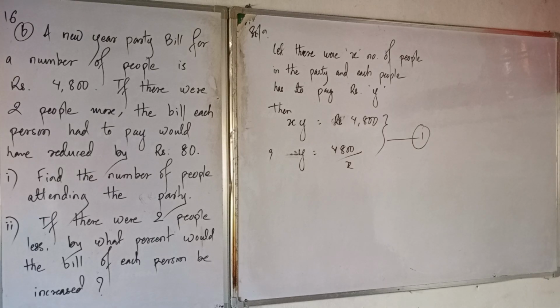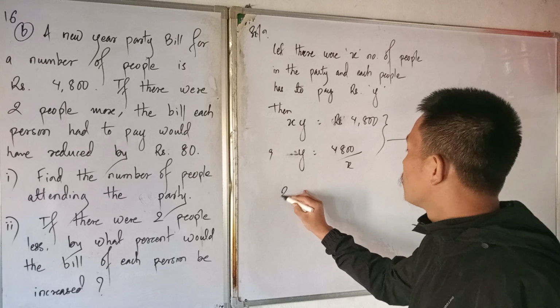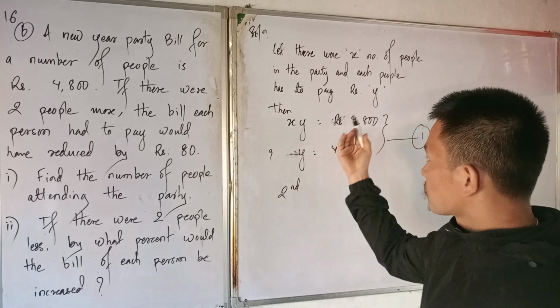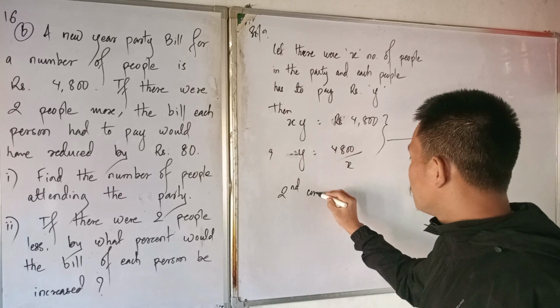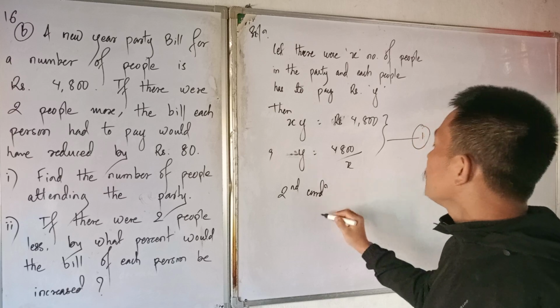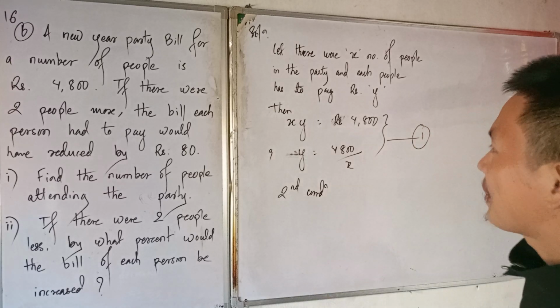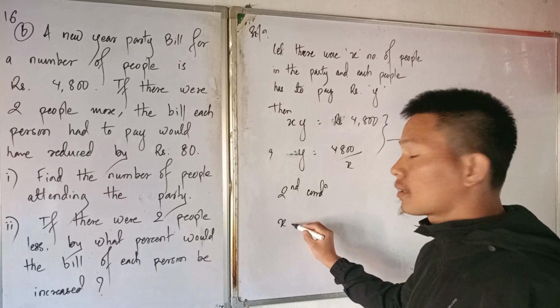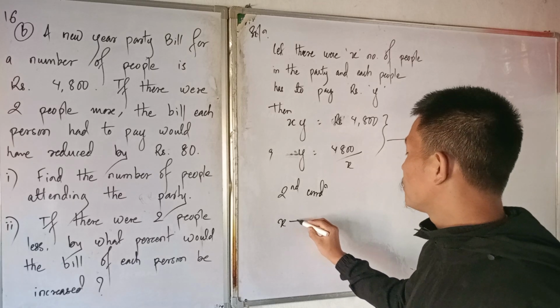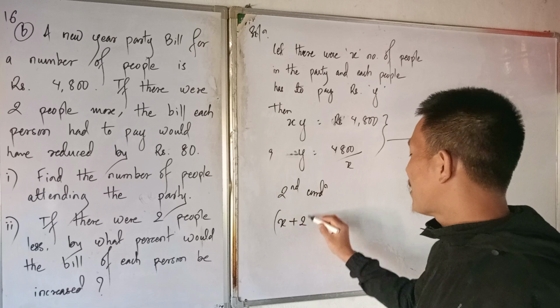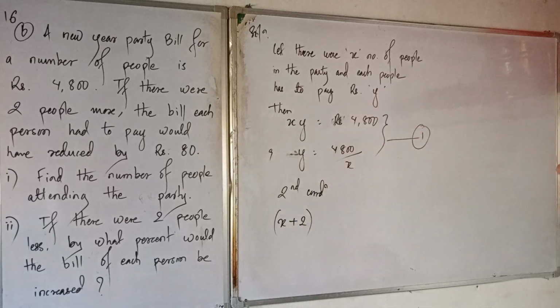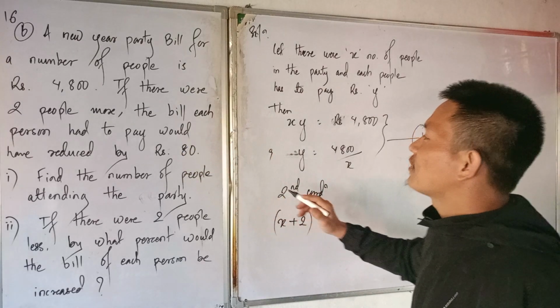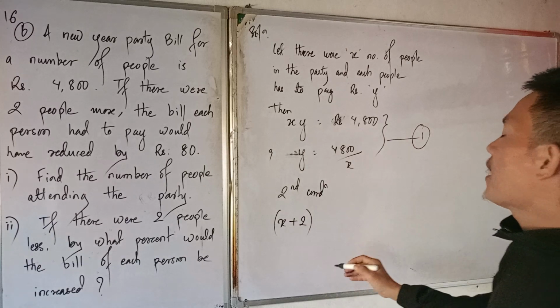Now the second condition: if there were two people more, that means in this x number of people, if there were two more people, you have to add two more people, the cost of each person would have reduced by rupees 80.